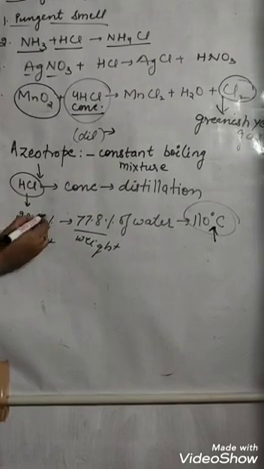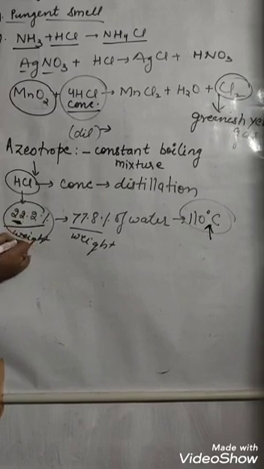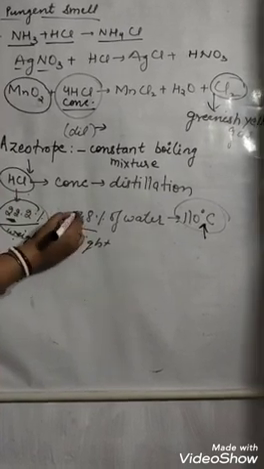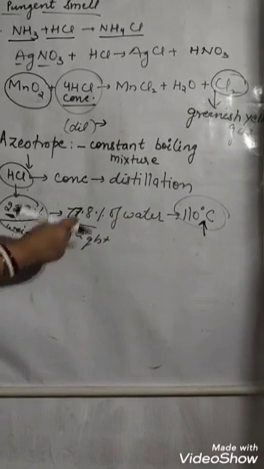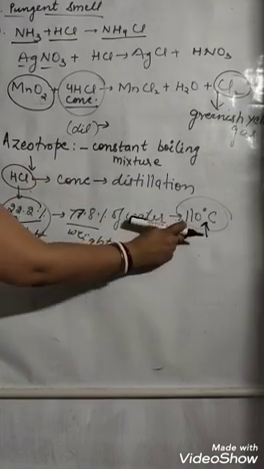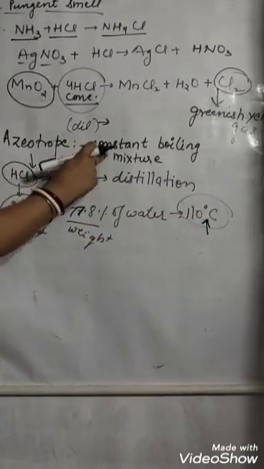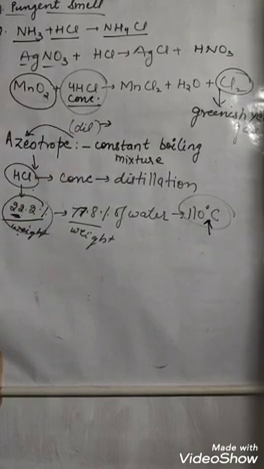At that time only 22.2% by weight of HCl can dissolve in 77.8% weight of water. So at 110 degrees Celsius, HCl is forming a constant boiling mixture, which is called an azeotrope. Alright.